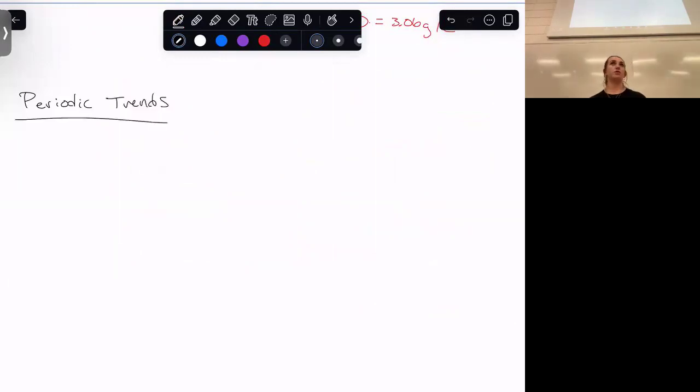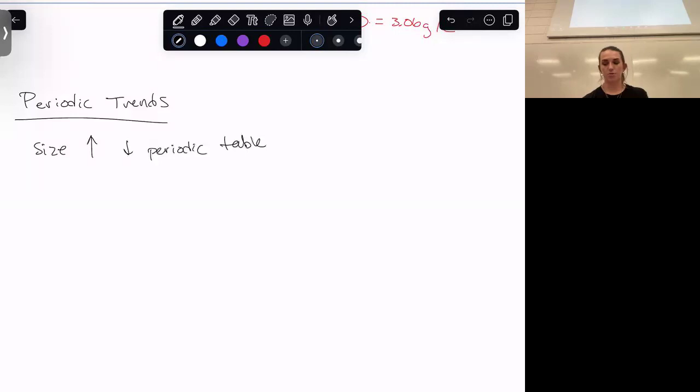So periodic trends are all based off of your effective nuclear charge, and basically this is going to be the balance between core and valence electrons. So does anyone know what happens to size as you go down the periodic table? Yes, size increases down the periodic table.